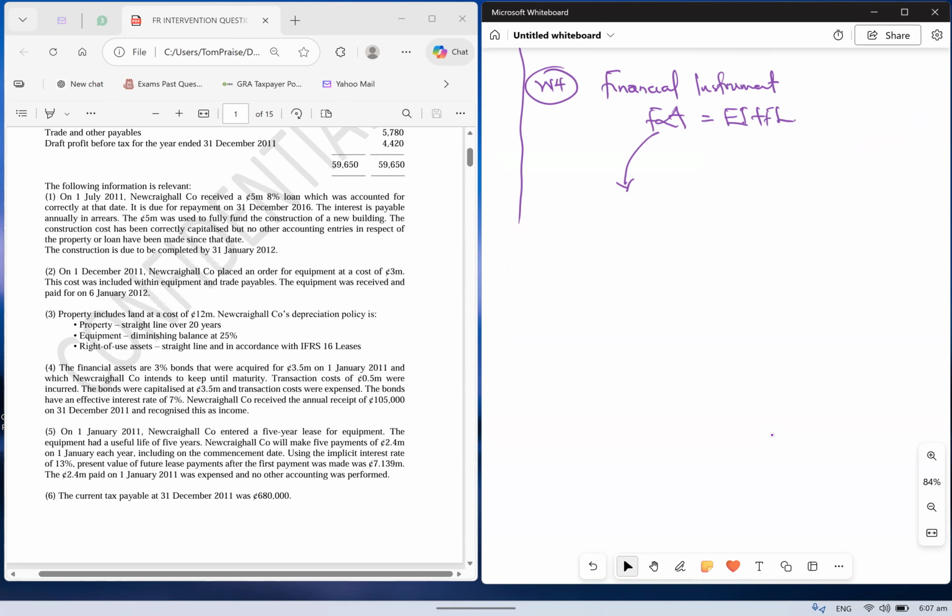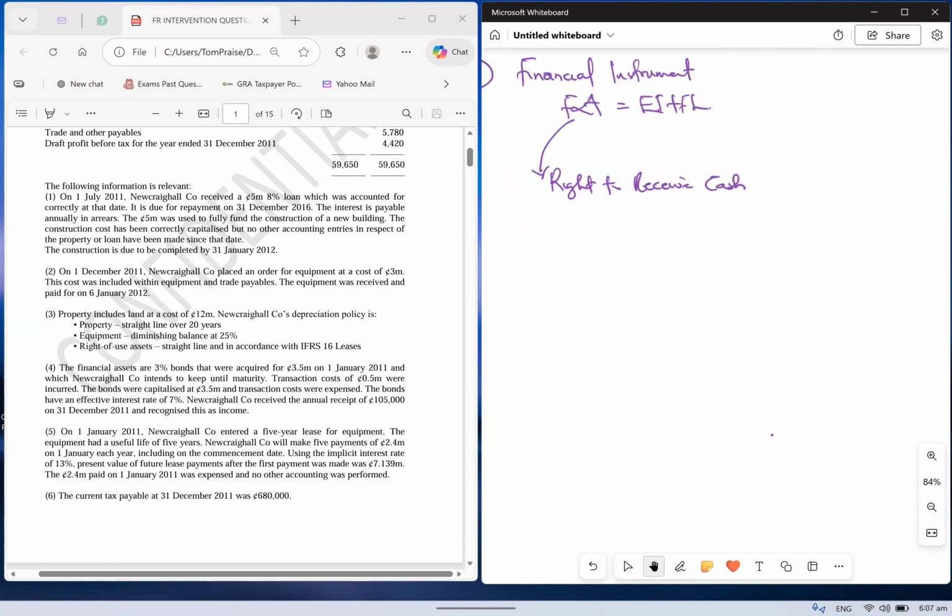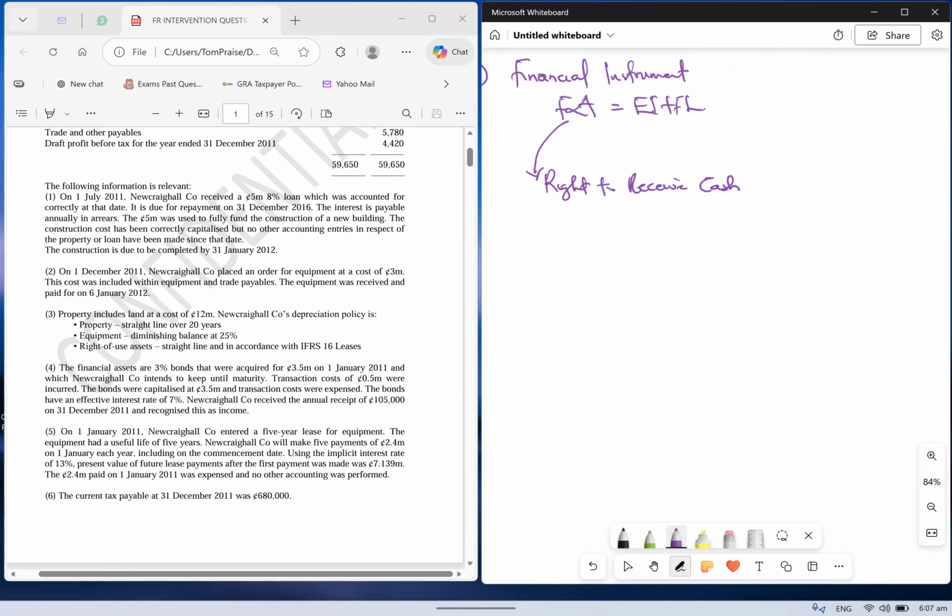Now, what is a financial asset in the first place? It is any situation you have that gives you the right to receive cash. This situation can be when you sell to somebody. So that is a trade receivable. So receivable is a financial asset.